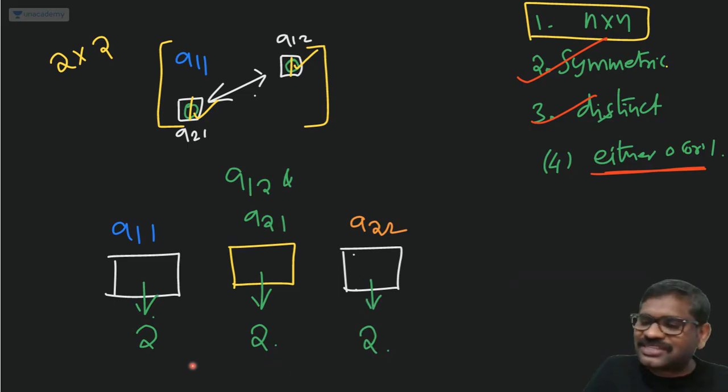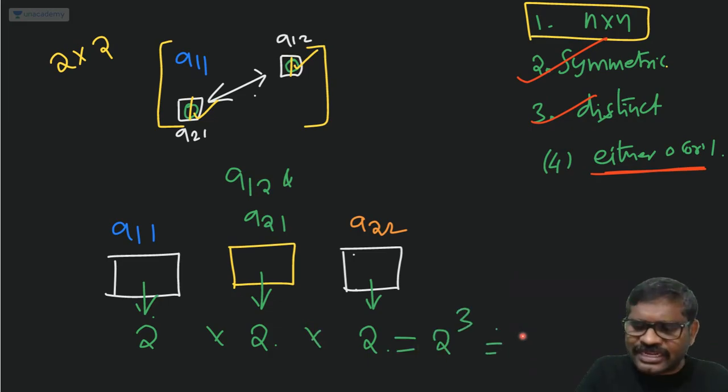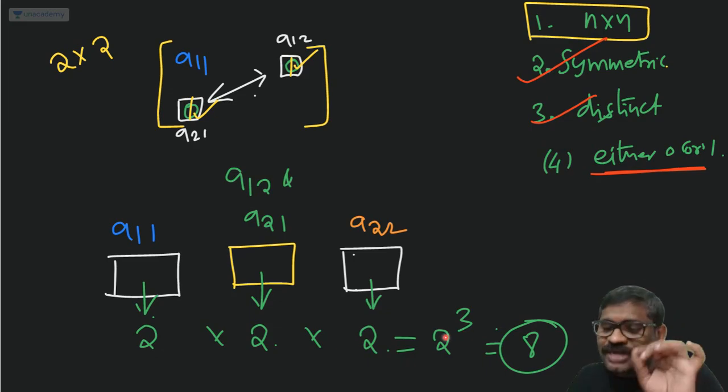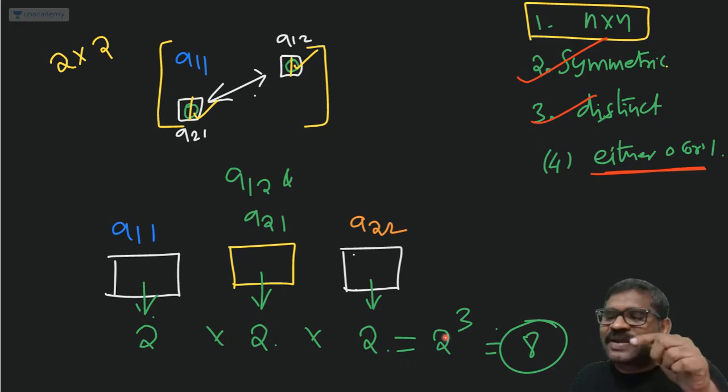Distinct means different. Prashant is different from Saurabh. Saurabh is different from Mishra. That is called distinct. Concentrate. 2 into 2 into 2, 2 cube, 8. So, answer is 8.